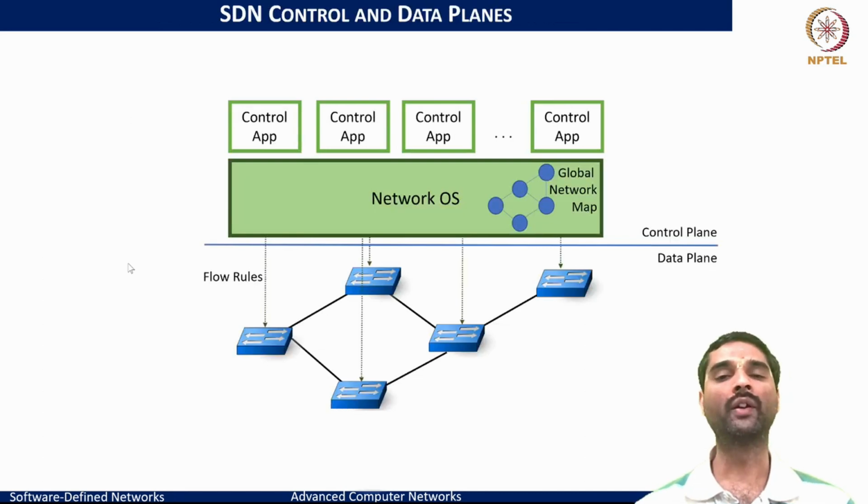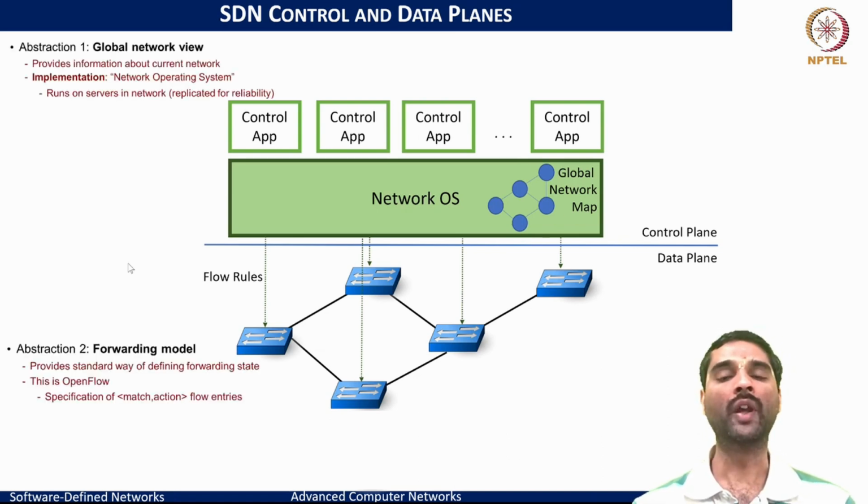To put it in very simple terms, the centralized remote controller and the abstractions that it provides can be thought of as a network OS, and it would build the global network map and allow the control applications to flourish on top of this network OS, which provides the common abstractions.